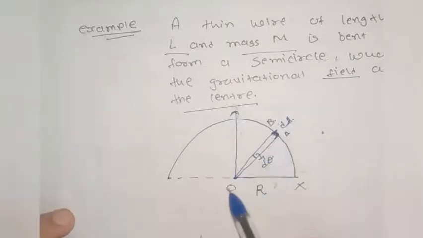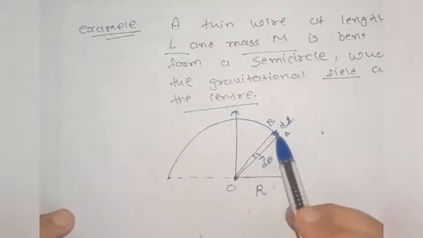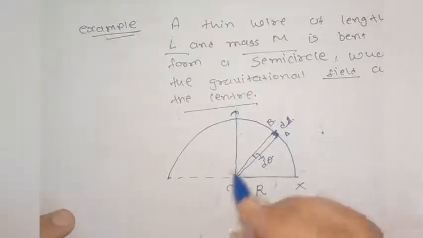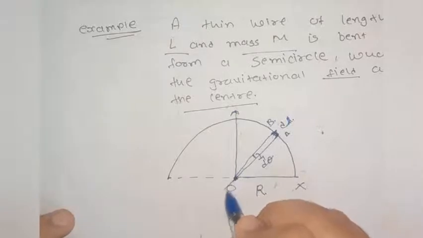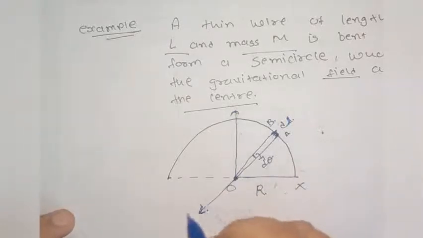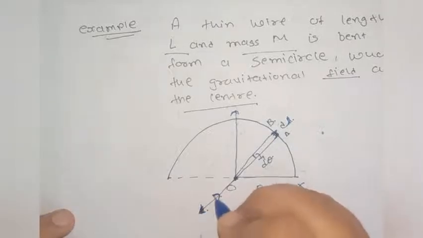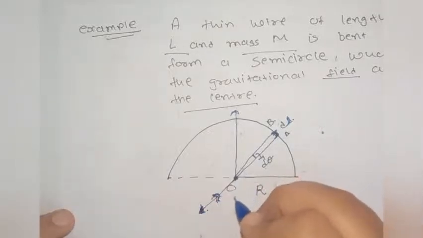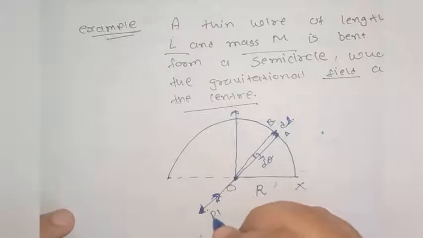The gravitational field at point O due to this small mass particle is always attractive, so it will be in this direction, that is df.